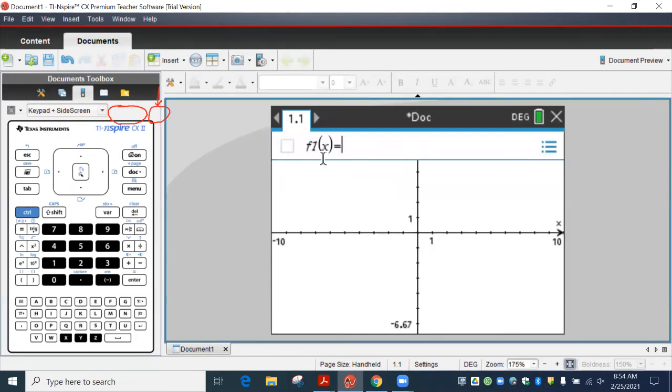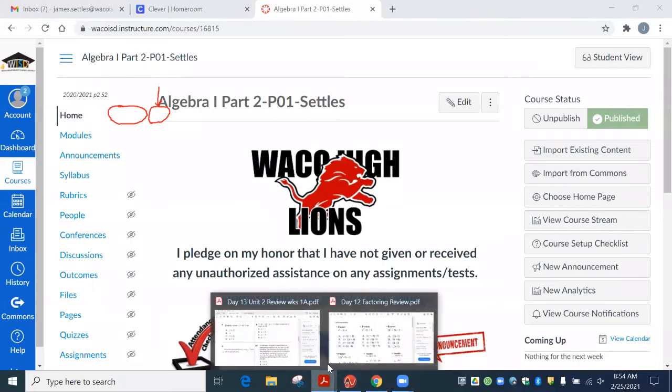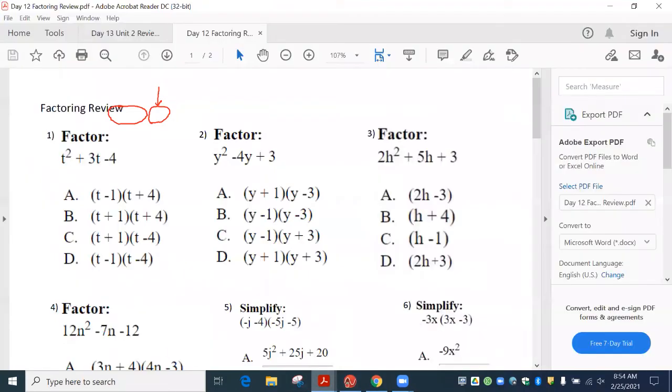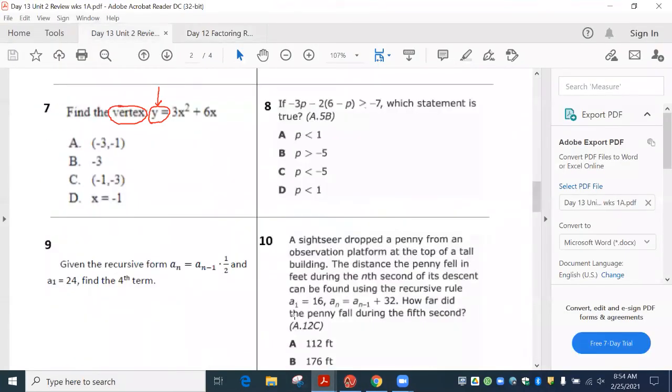Now, the most important thing about this is your y equals right here. Don't worry about all this F1, X. This is y equals. You don't ever type in y equals. We've already got an equal sign. We can't have a second one. So when we see this y equals, we're typing in 3x squared plus 6x.